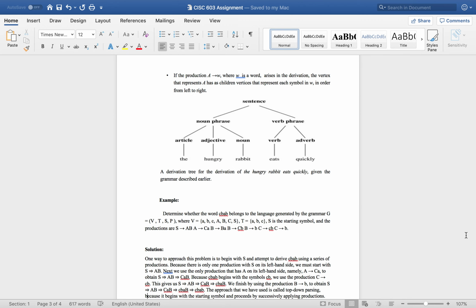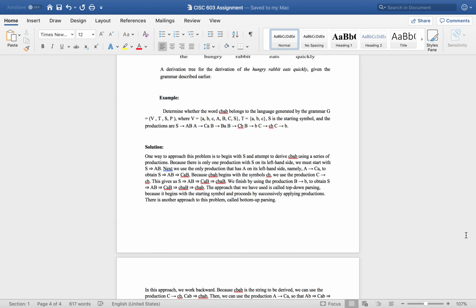Let's take one example of that. Here, let's determine whether the word cbab belongs to the language generated by the grammar G. Here it is V, T, S, P, where V is {A, B, C, S}. Let's take T as {a, b, c}, and S is the starting symbol.